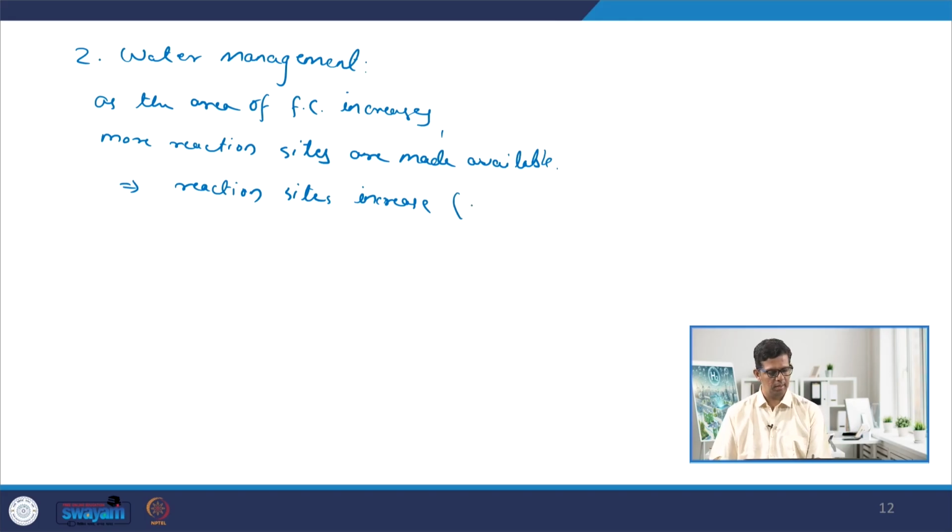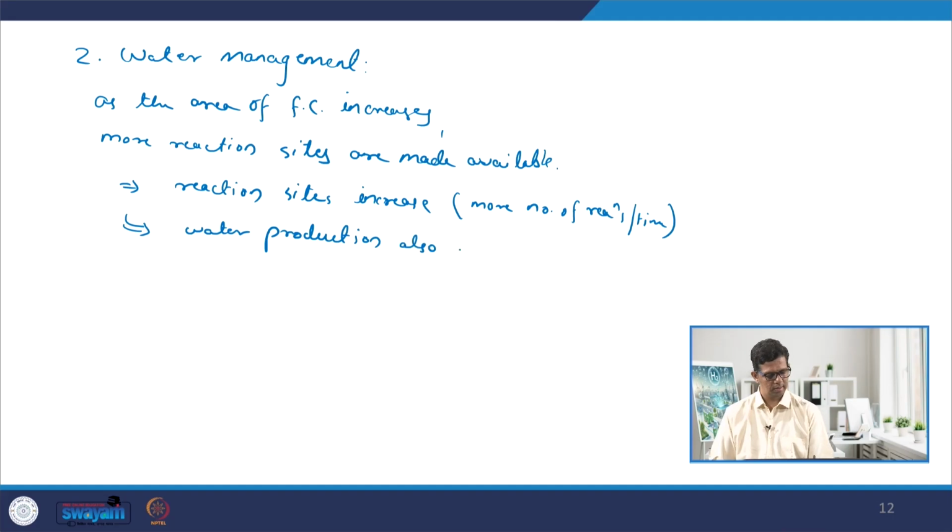So, this more number of reactions per unit time will also increase, and although it generates more current, however, these more reaction sites will also increase the water production. So, water production also increases.